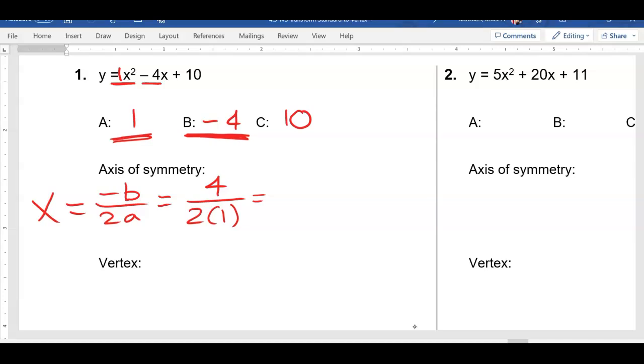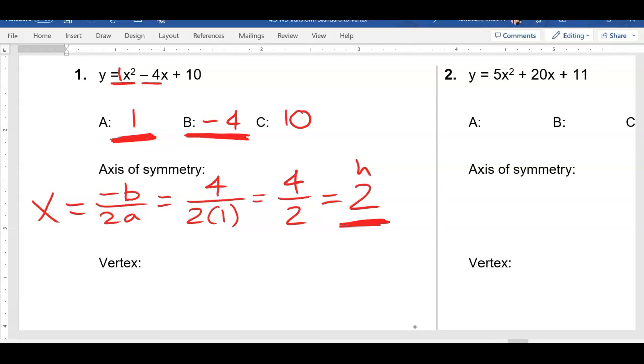So again, the opposite of b on top, 2 times a on the bottom. On the bottom, 2 times 1 is just 2, right? The top is still 4, so what is 4 divided by 2? 2. So I have a is 1, my x value is 2, that's really my h value, right?